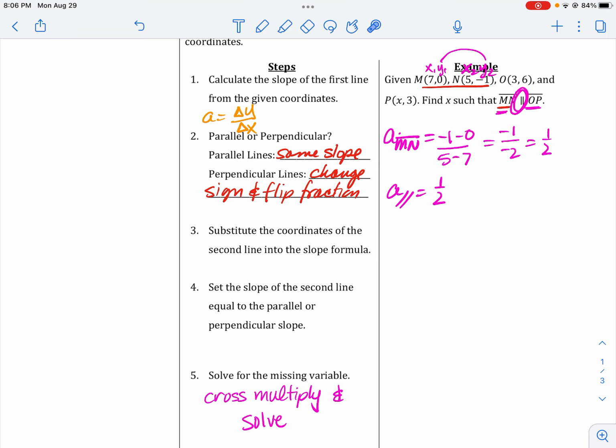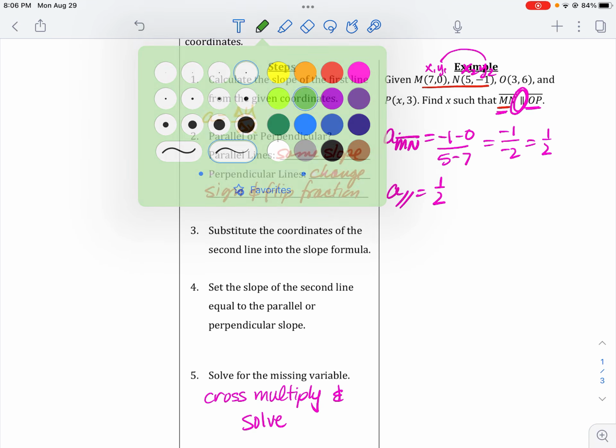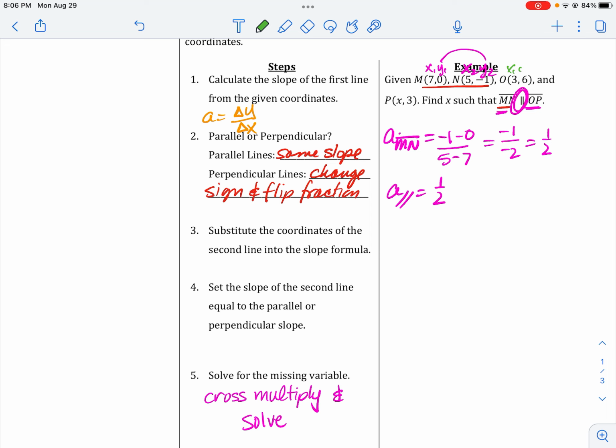So then, we're going to substitute the coordinates of the second line into the slope formula. So that's x1, y1, x2, y2. Okay?